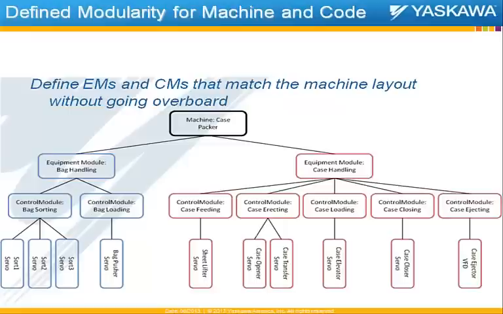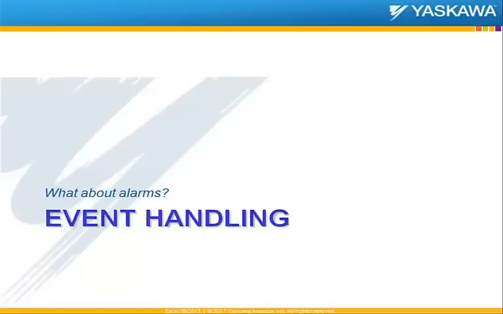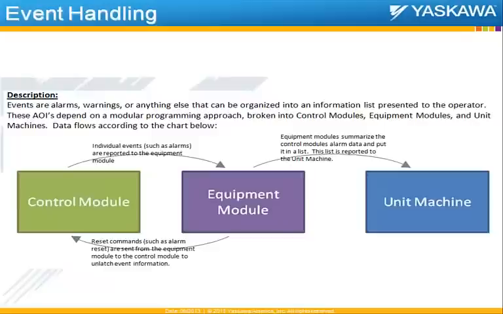So, how about alarms? When we say alarms, there's a lot of terms for that. Alarms, warnings, errors. We just speak of them in terms of events for PackML. So what do we have for event handling? Well, much the same way that the commands flowed. Individual events such as alarms or warnings get reported up, and they get summarized at the equipment module and then again at the unit machine.